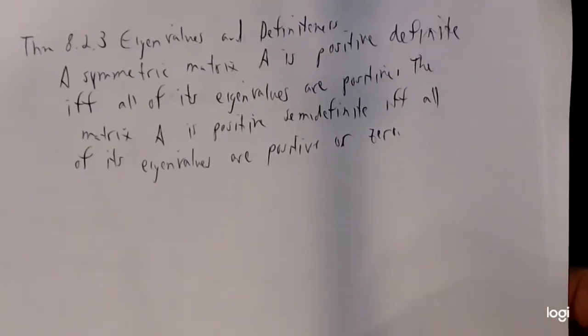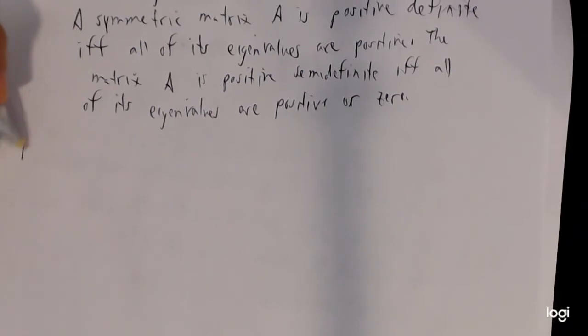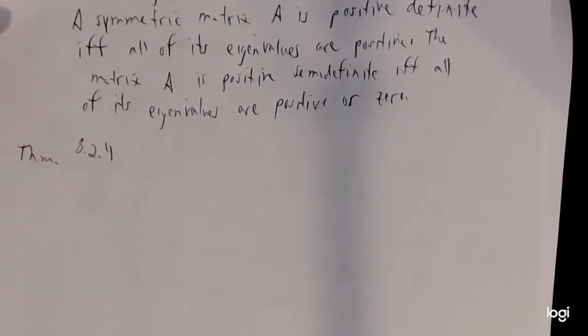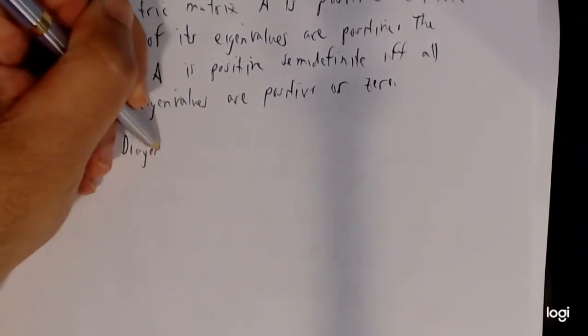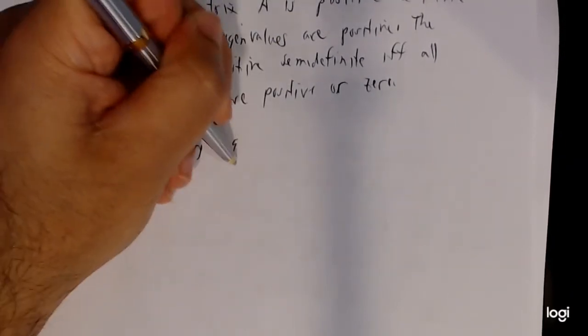Okay, and the last theorem that we're going to talk about is theorem 8.2.4, which has to do with diagonalizing a quadratic form.